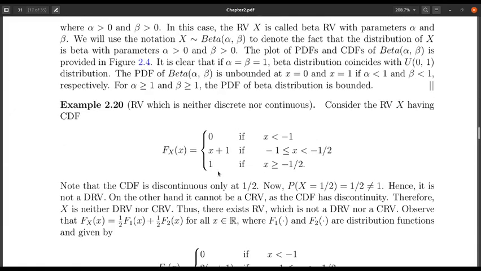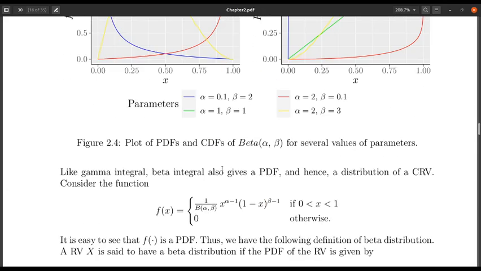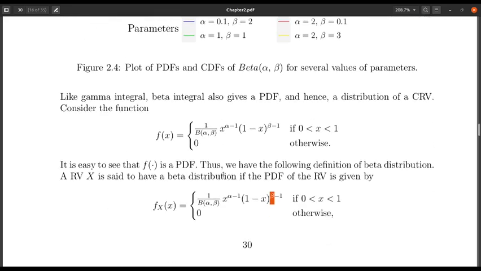One point I should mention: if you take alpha equals 1, then this x term will not be there. Similarly, if I take beta equals 1, this term will not be there. And so this gives the uniform random variable. If I take alpha equals 1 and beta equals 1, the Beta(alpha, beta) distribution coincides with the uniform (0,1) distribution.